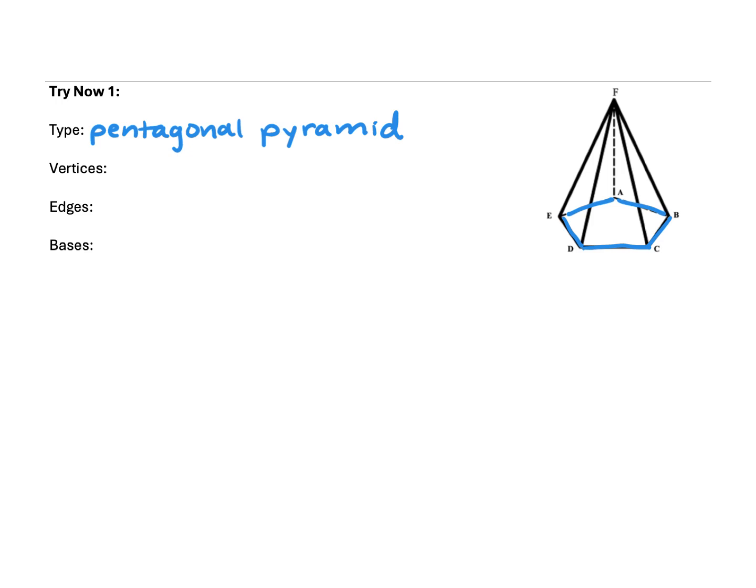For the vertices, those are all the points. You can see there are 5 points where the faces come together along the base: A, B, C, D, and E. And then there's that common vertex where the triangular faces come together, which is F.